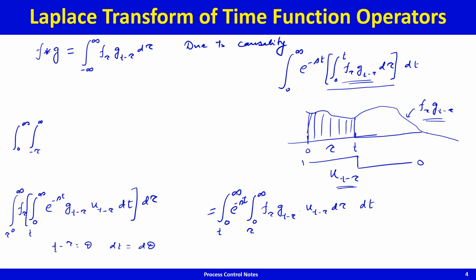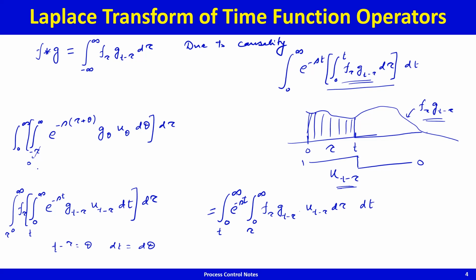So this becomes the integral from 0 to infinity of e to the power minus s times, instead of t, tau plus theta, and then g theta, u theta, d theta, and this whole thing d tau.